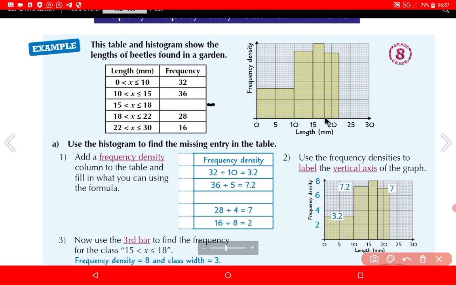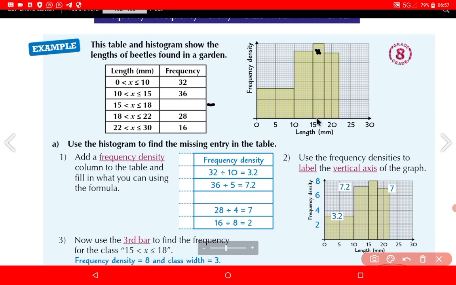So we are trying to find the frequency for this bar here. I'll call it bar X. We're trying to find the frequency for this. The rest we have the frequencies. So this is simple. It's just to find the area of this thing.